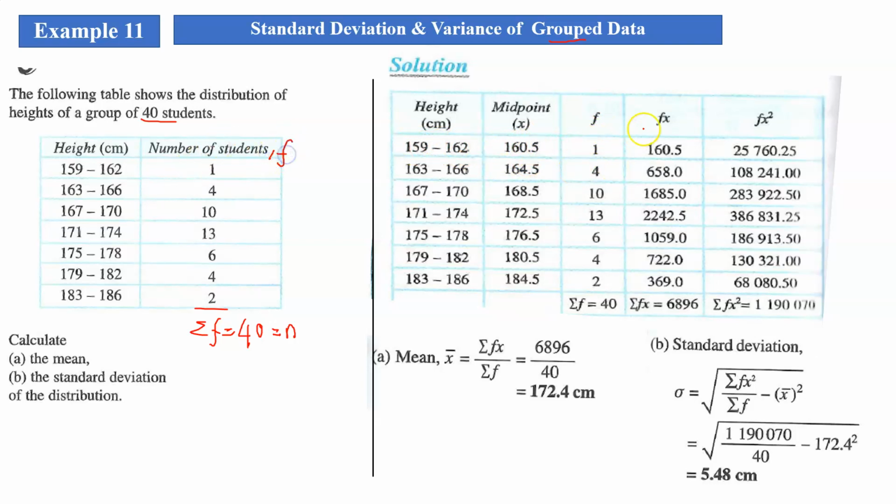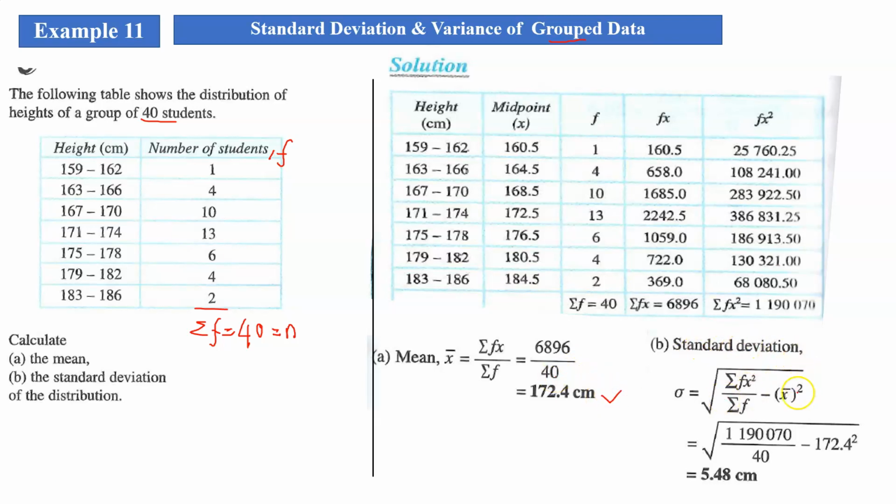Ni carilah fx, times dengan ni, you get fx. Then f times x kuasa 2. You need to find the x kuasa 2 punya column lagi. Okay. So bila you dah dapat all these things, you sum up summation of f, summation of fx, and summation of fx square. Mean adalah summation of fx divide by summation of f. You just divide this by this, so you get the answer.